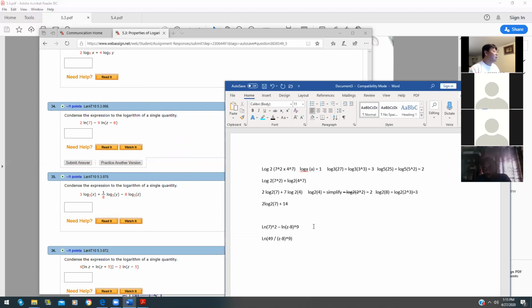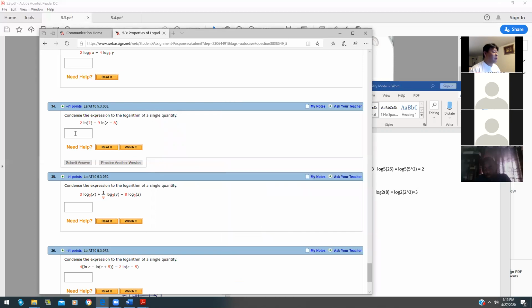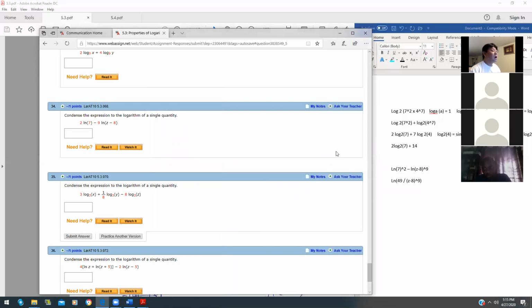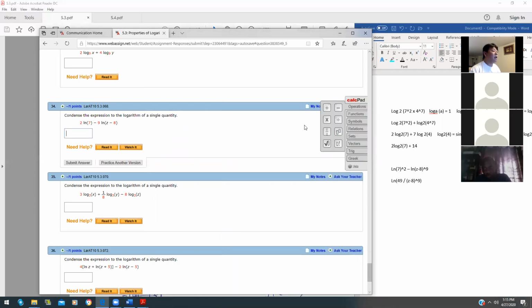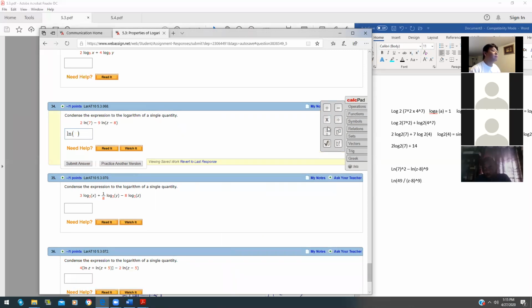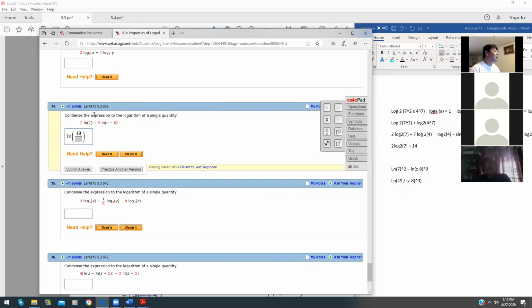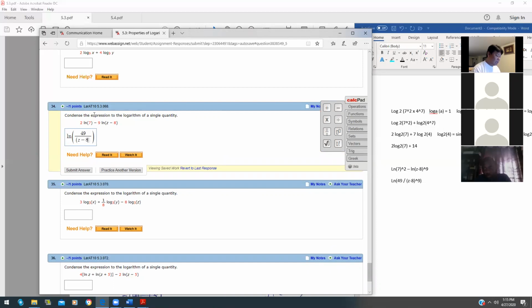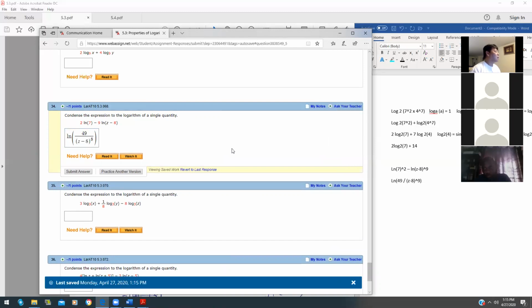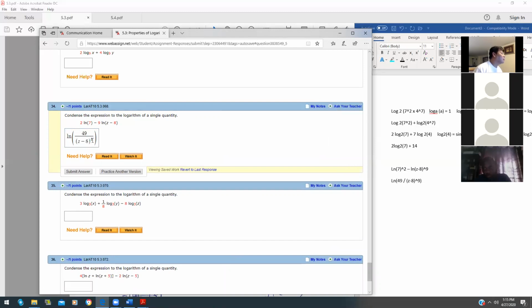Everything under ln. So in this case, your answer will be something like what I just wrote down there. So ln, and then you've got a fraction, 49 on top, and then you do z minus 8 to the power of 9. 9, not 8, sorry, 9.